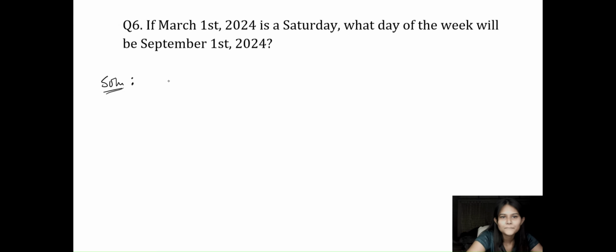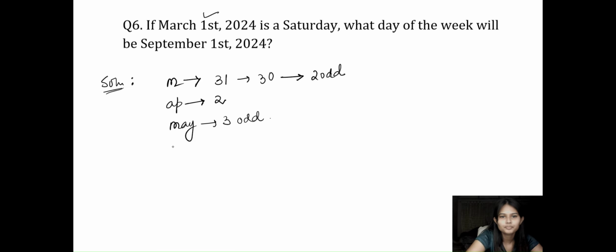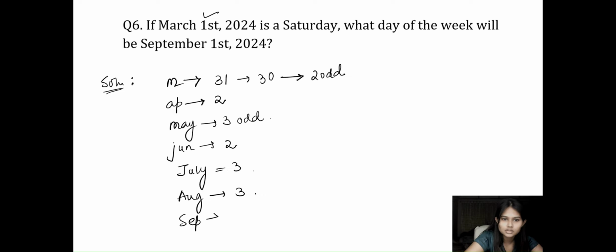May, again 3 odd days. June, I'll get 2 odd days. July, I get 3 odd days. August, I get 3 odd days. And now September 1st. So in September, I'm getting 1 day, right?